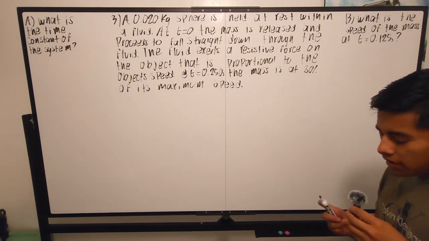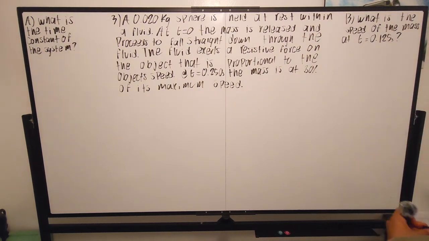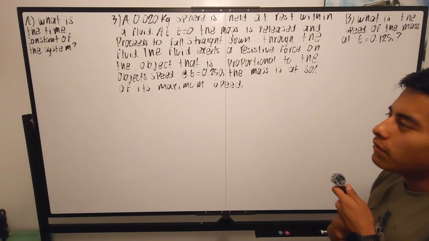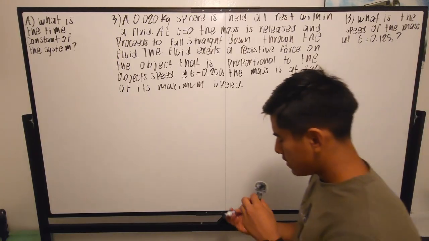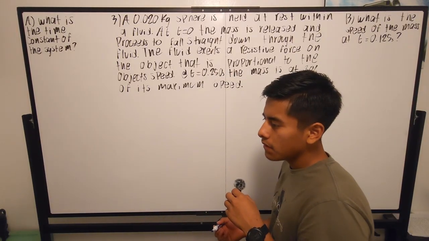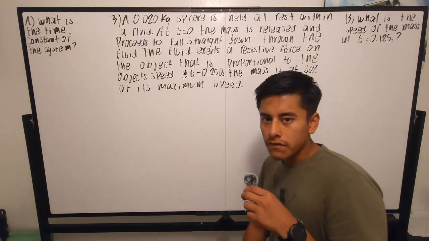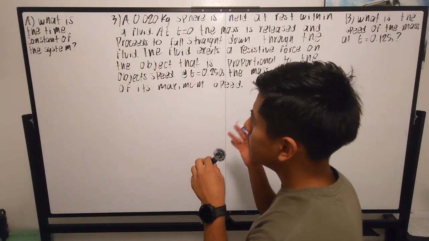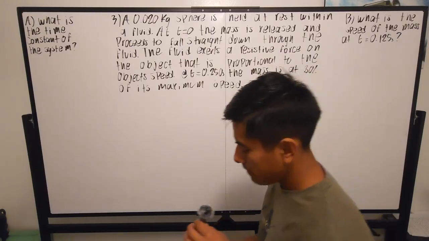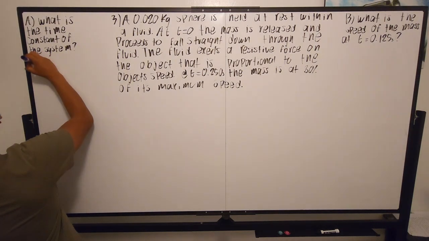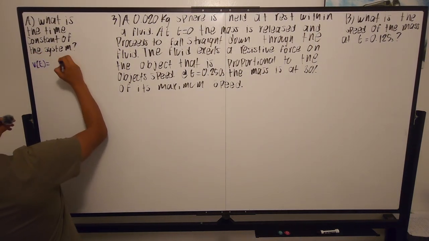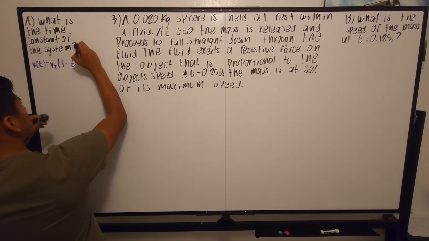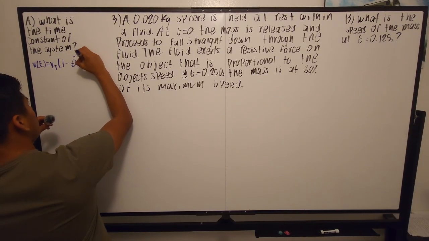So first, let us recall the formula that we're given, which is the function to get the velocity of this ball at any given time, which is v of t equals v terminal multiplied by 1 minus e to the negative bt over m.